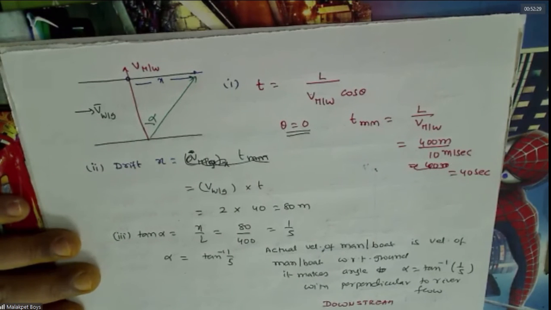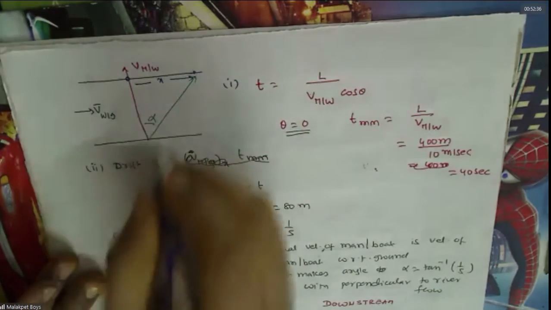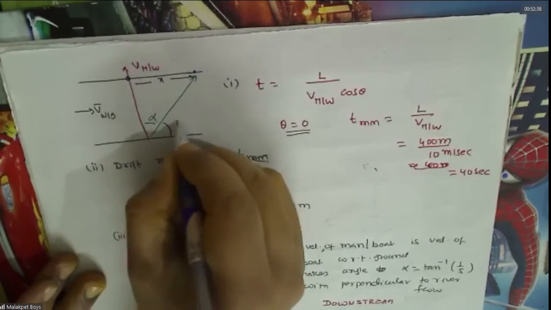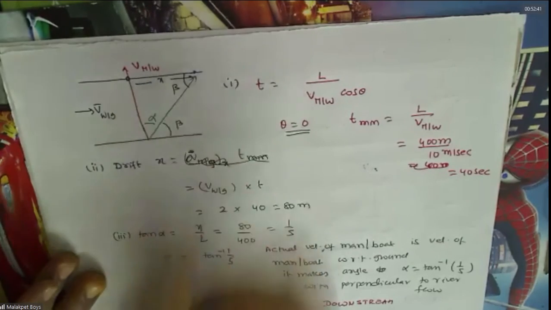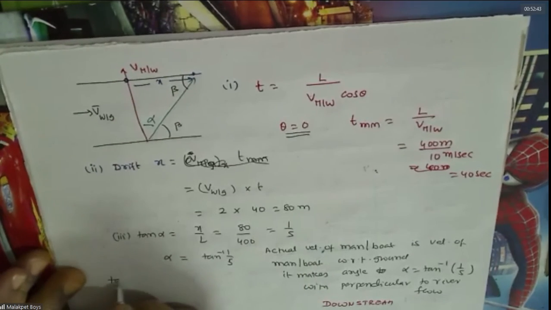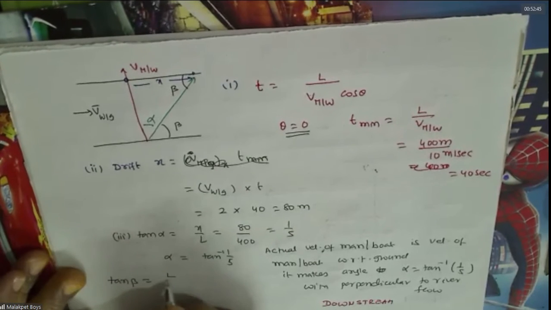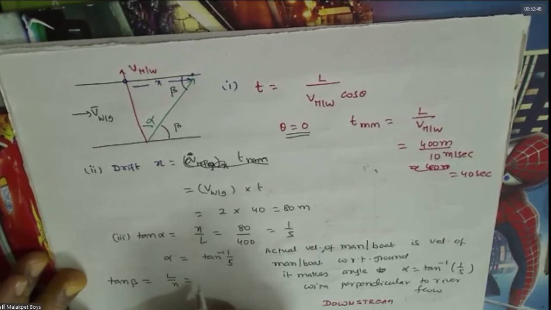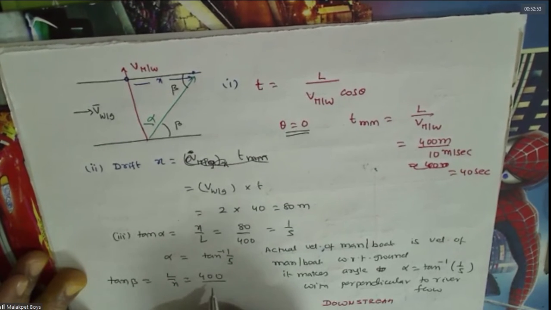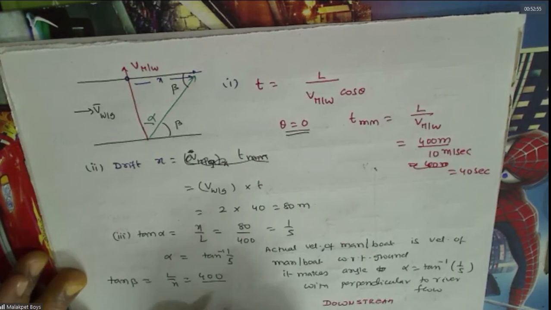Sometimes they will give you this. Suppose if this is beta, then what is tan beta? You can take L by X. What is L you got already? L is 400, by X which is 80. That is 5. So beta is tan inverse 5.